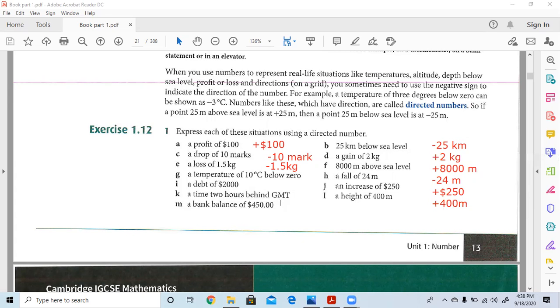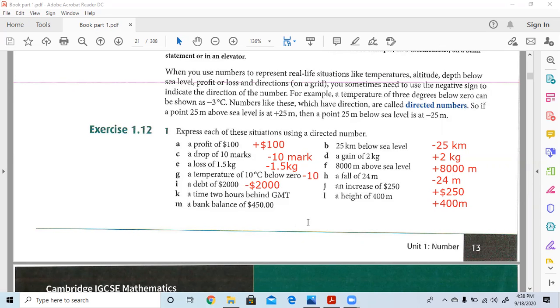Same like that, you are also solving this. Temperature 10 degrees below 0 means -10 degrees. Here is debit. Credit means increase, debit means decrease. Debit means he just takes out his money, so I write here -2000.